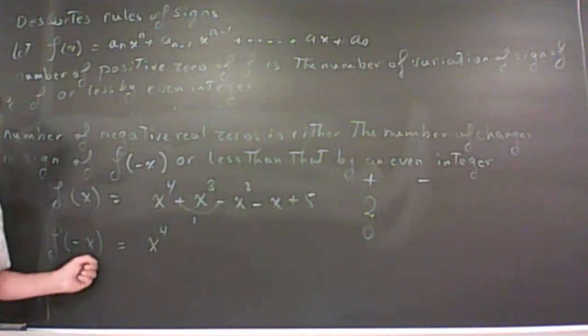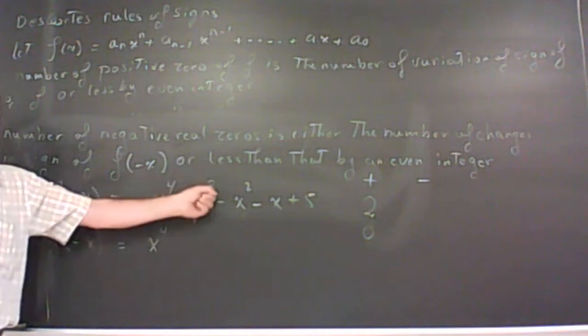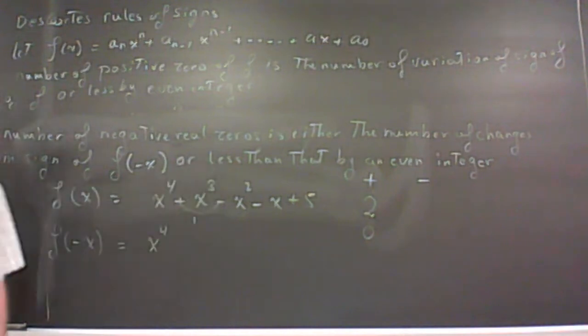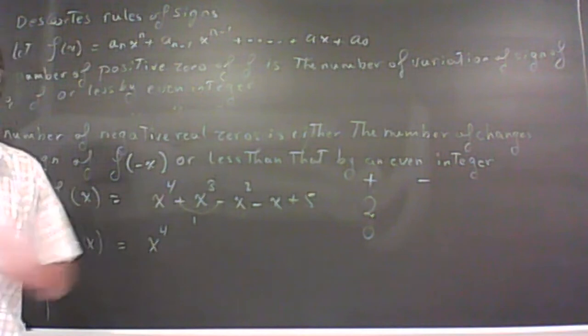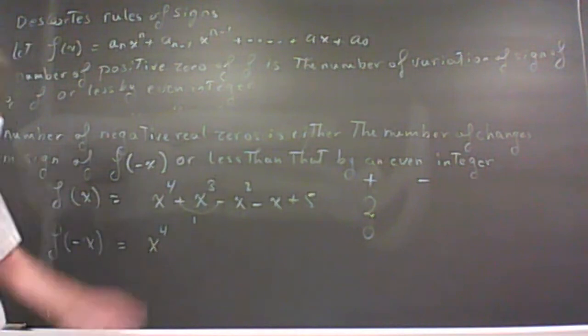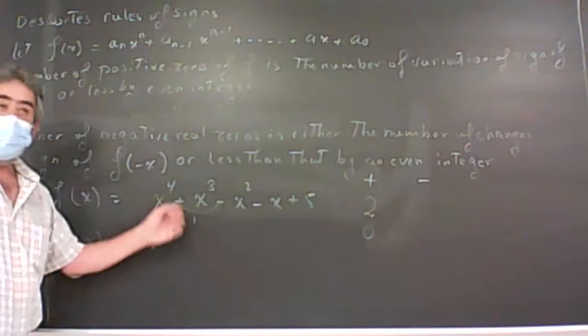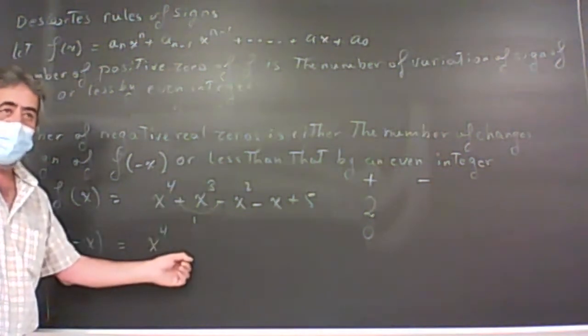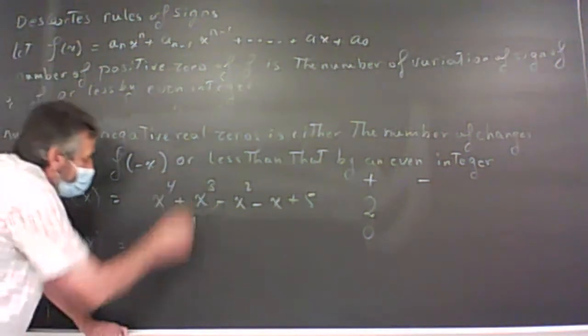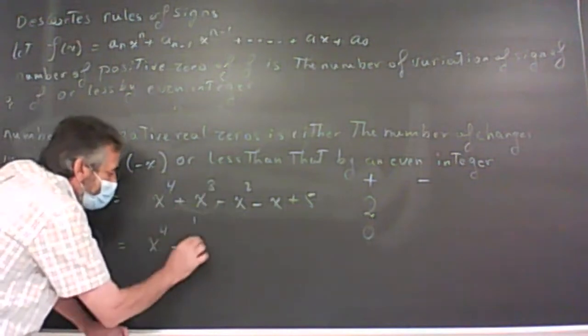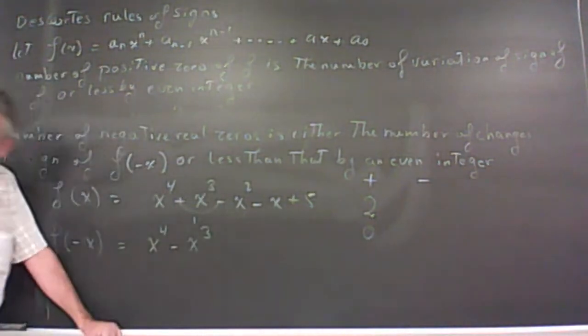For minus x in x cubed, because the exponent is odd, the sign changes. So if it's positive, I make it negative. If it's negative, I make it positive. So now plus becomes minus because we're looking at x cubed, right?